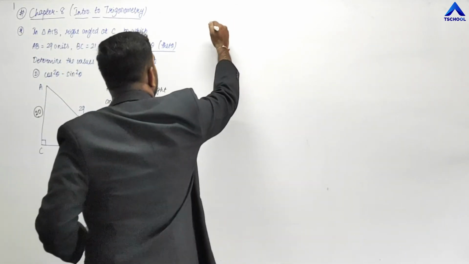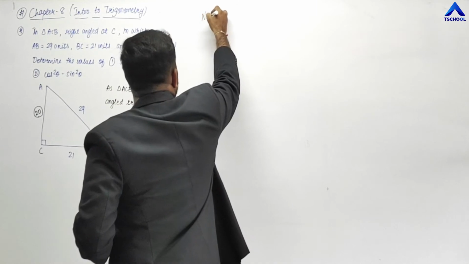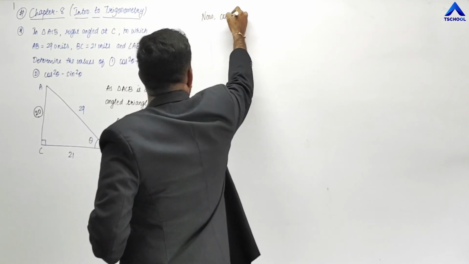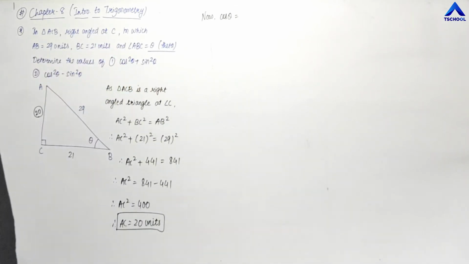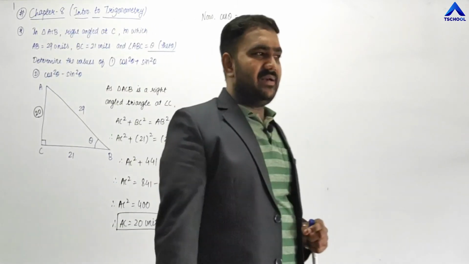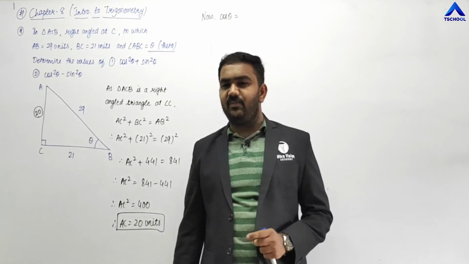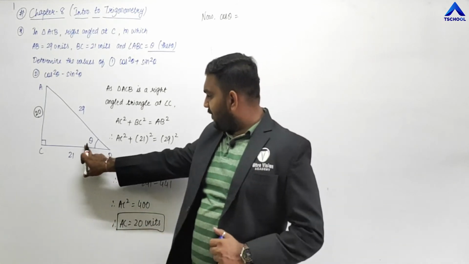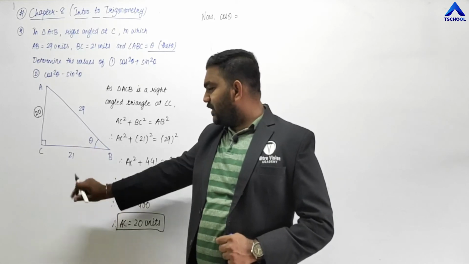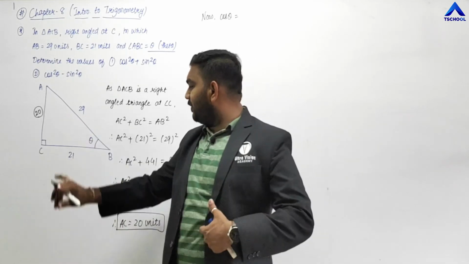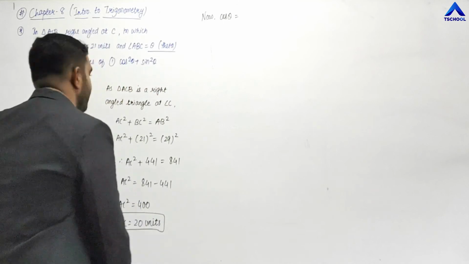So now, cos theta equals what? Friends, we know that the ratio for cos theta is the side adjacent to theta divided by the hypotenuse. So here we have theta as this angle B, the side adjacent to theta is BC, and the hypotenuse is AB.